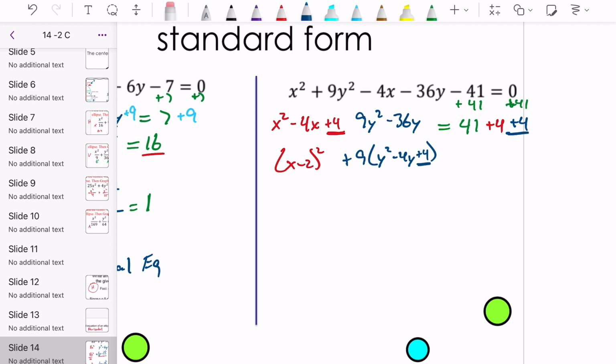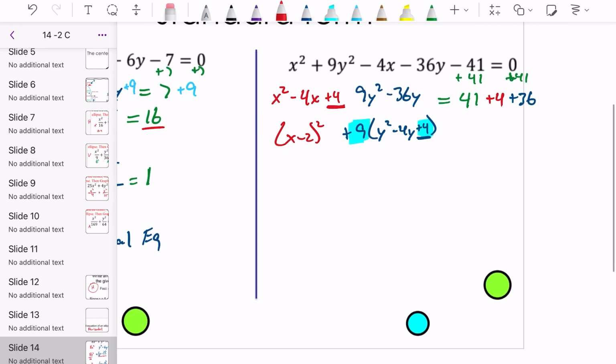Now, keep in mind, on this right side, even though we said we are going to add 4 from the x, when it comes to the y, remember you have to multiply the 4 that you got times the 9 that's on the outside. That would leave you with a positive 36 for the right side.